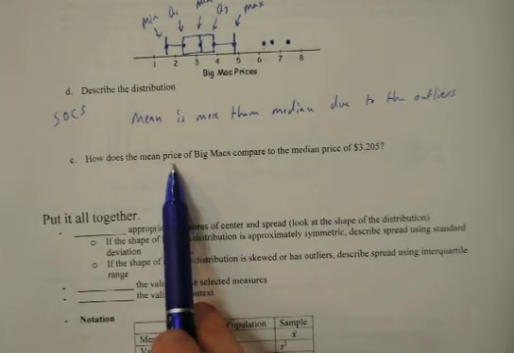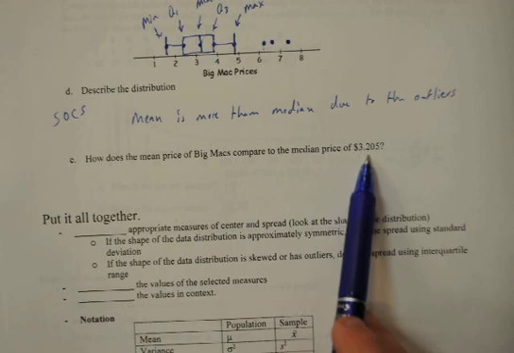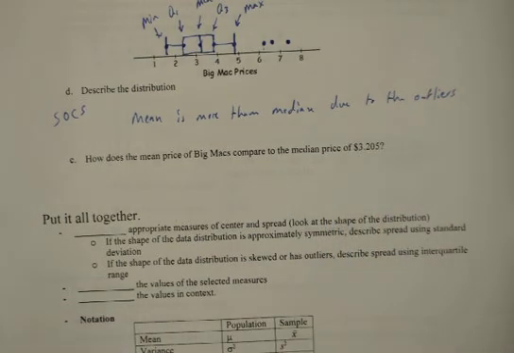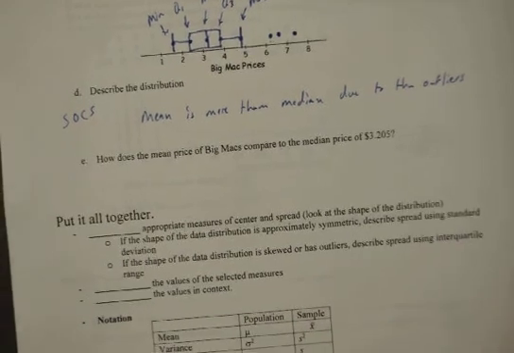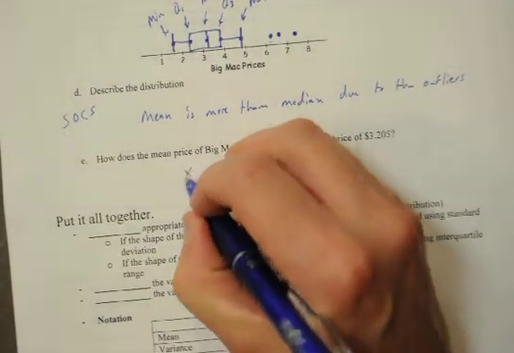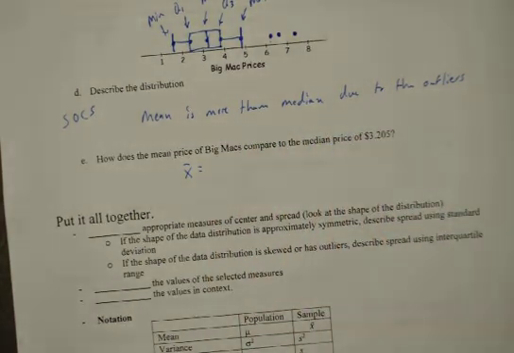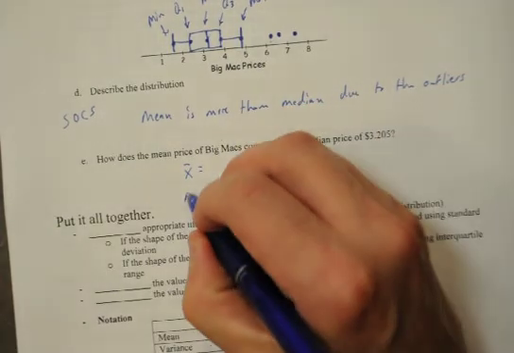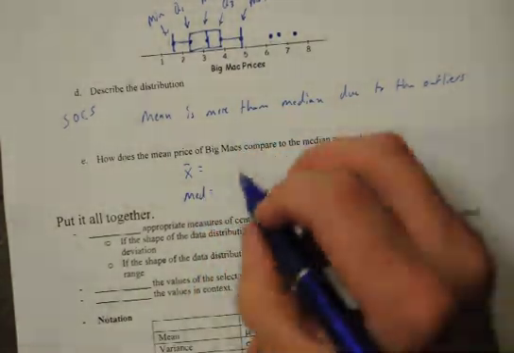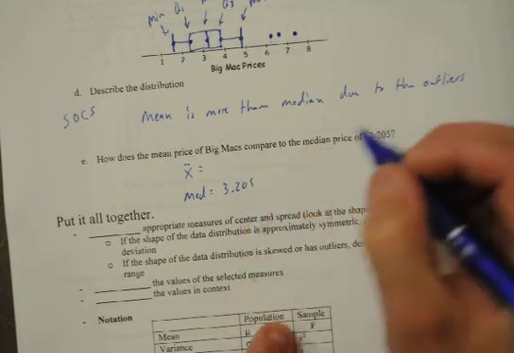Next, how does the mean price of Big Macs compare to the median price? All right, so to calculate the mean price, we can use that notation right there. We found that the median, which doesn't have a symbol, is 3.205.